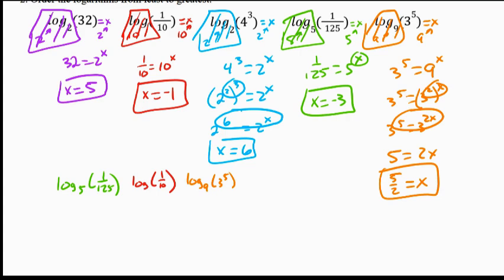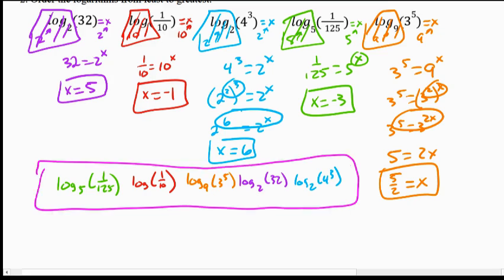After that would be my purple here at 5, so log base 2 of 32. And our last one here, blue, which is log base 2 of 4 to the power of 3. So these are all of my logs in order from lowest to greatest.